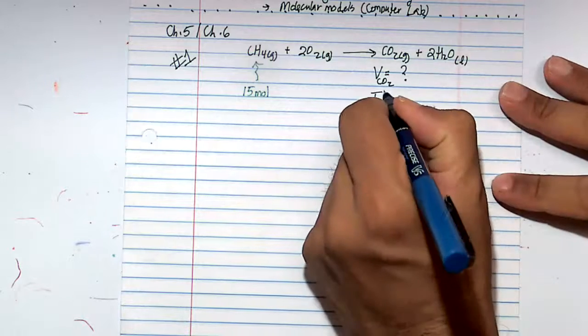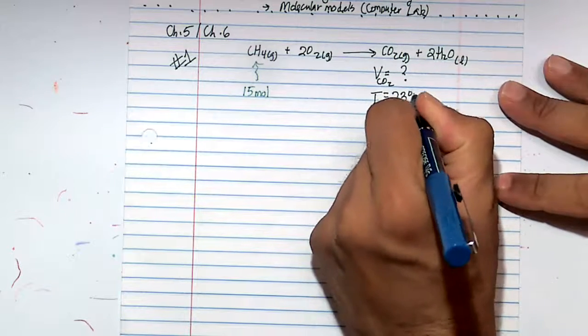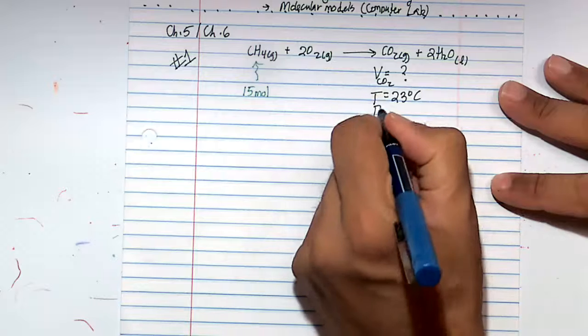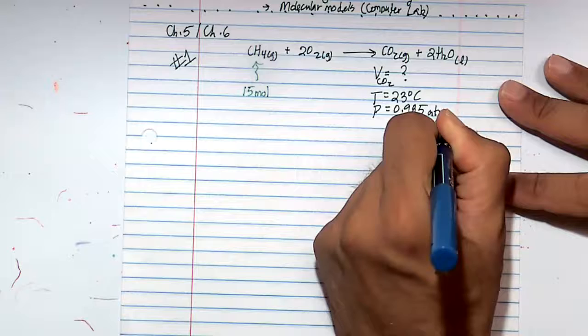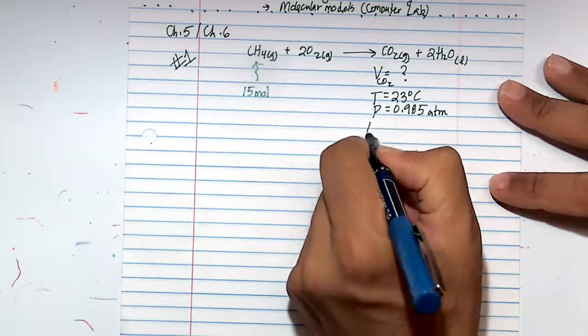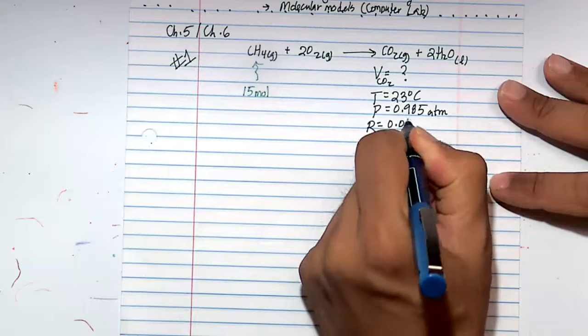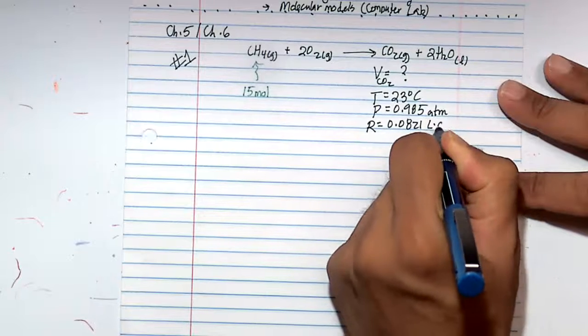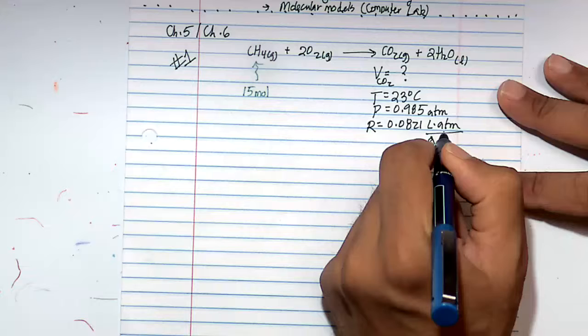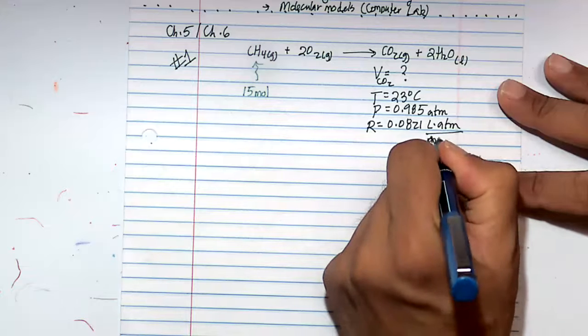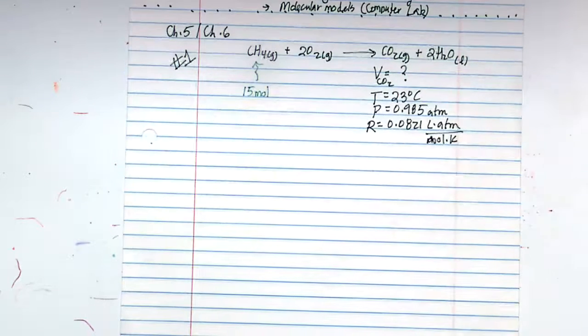And I also tell you that the temperature is 23 degrees C, and the pressure is 0.985 atmospheres. And R is a constant. I'll give you R so you do not memorize it. 0.0821 liters atmospheres over mole Kelvin. So don't have to worry about R.